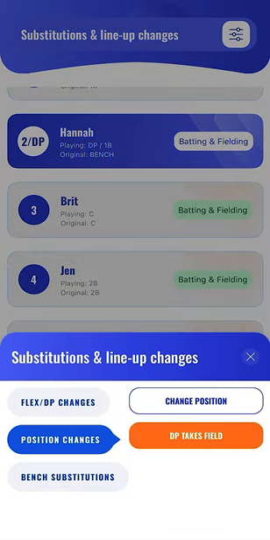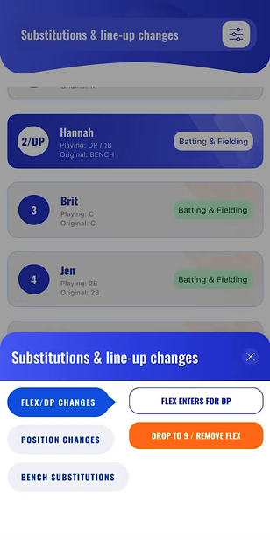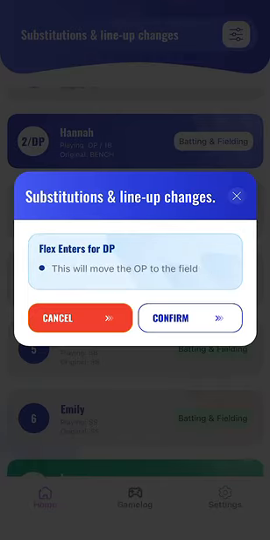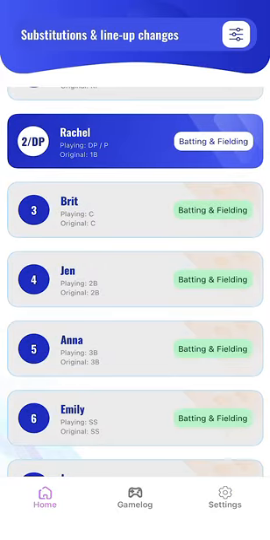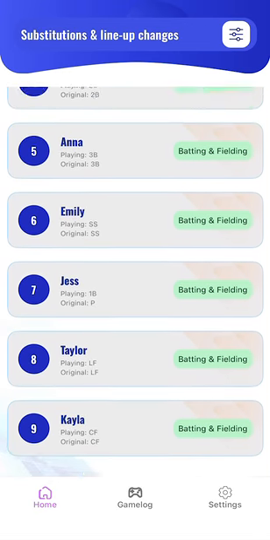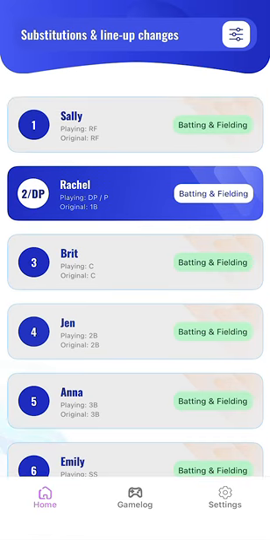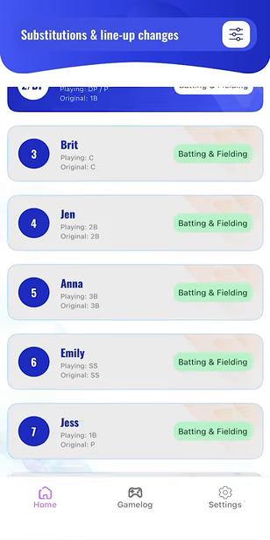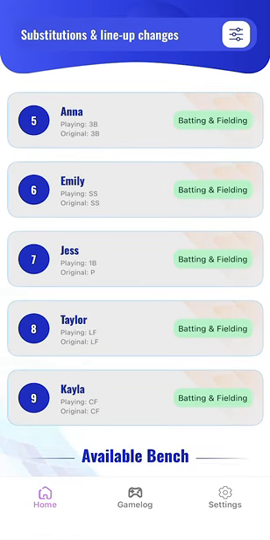We'll call time, go to flex enters for DP. So that's going to, warning, that's going to move the OP to the field because now we're down to 9. So Rachel moves into the 2 spot to bat, and we finish the game here with 9, because when the flex comes in for the DP, that means we're down to 9, so we need all spots filled, so we cannot have an OP anymore.